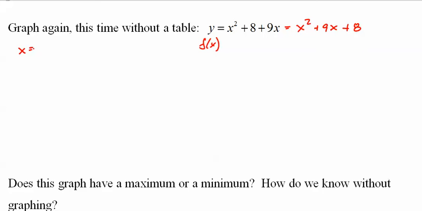So x equals negative 9 over 2 times 1 equals negative 4.5.